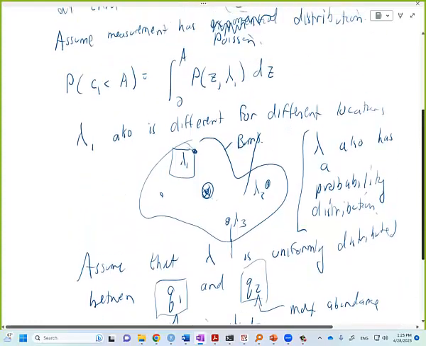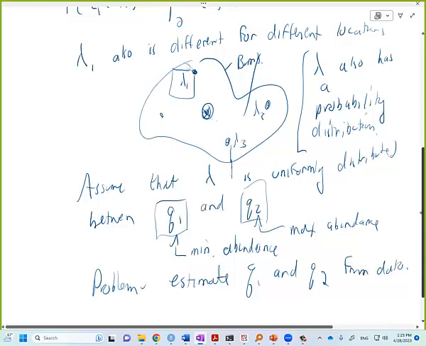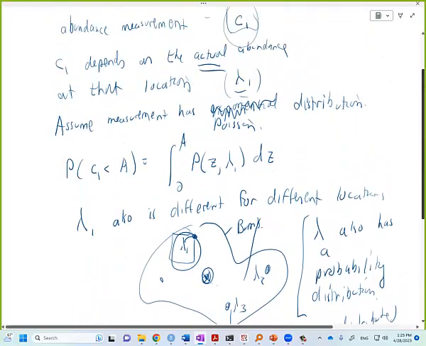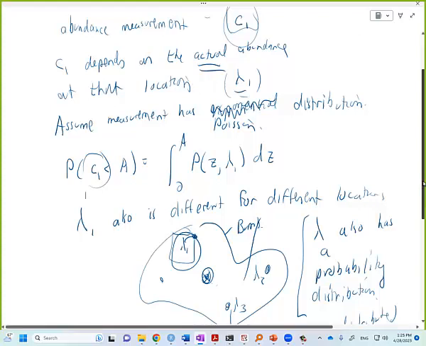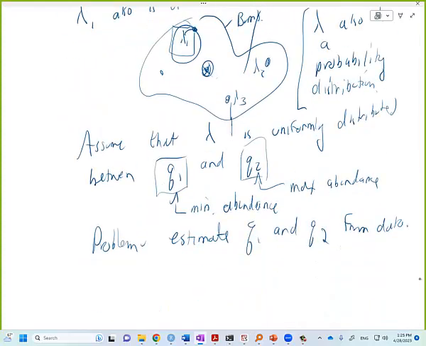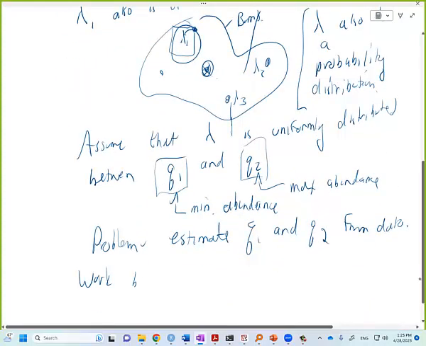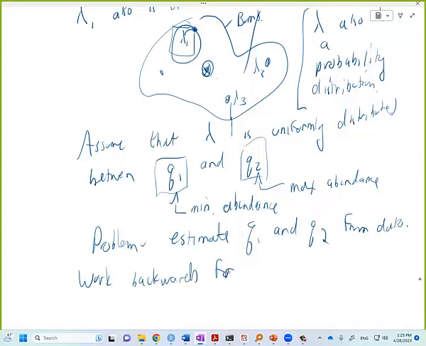Here we said Q1 and Q2 determine the distribution of lambda, and lambda determines the distribution of C, but we have C. So you have to work backwards from C to estimate Q1 and Q2.